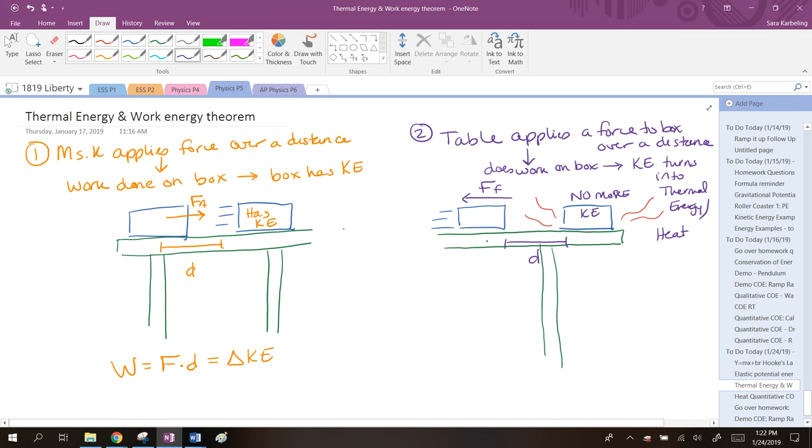Work done, the force of friction times the distance, is equal to, I'm going to call this E sub TH, for thermal energy.